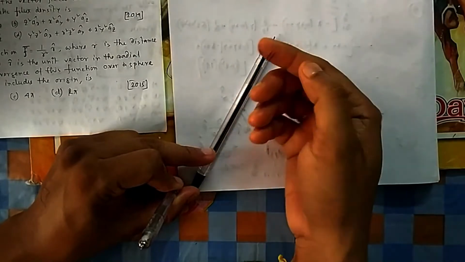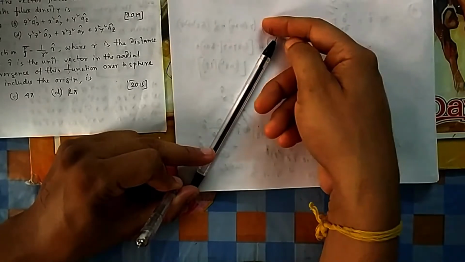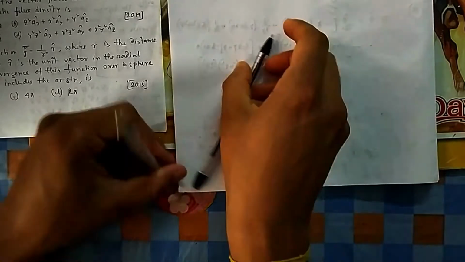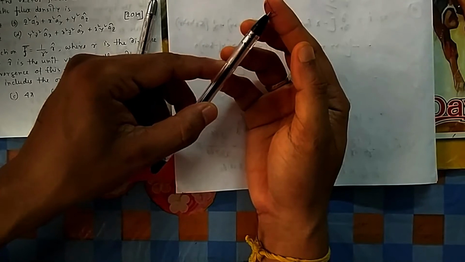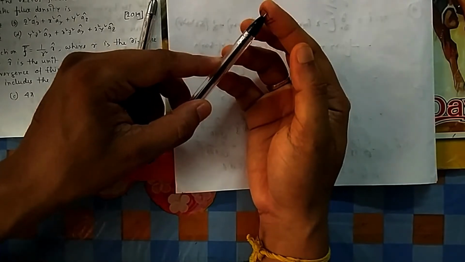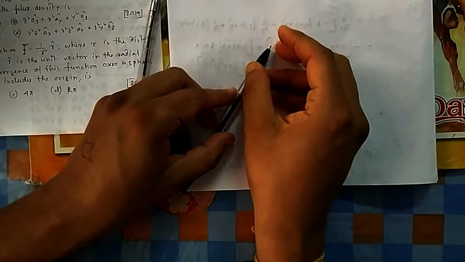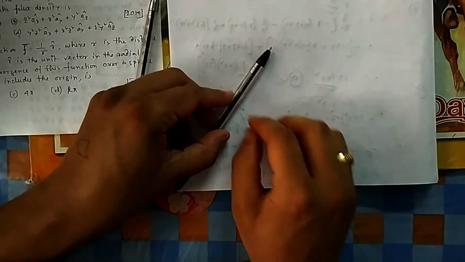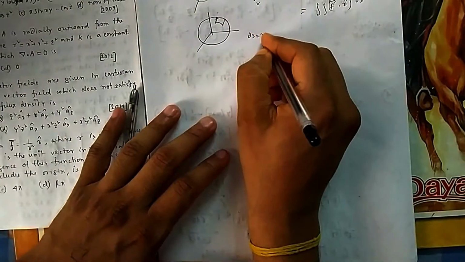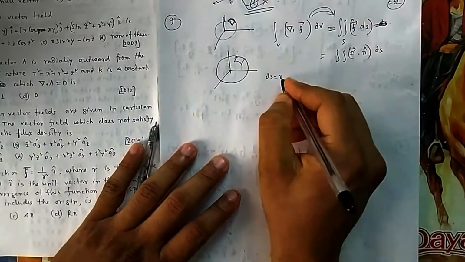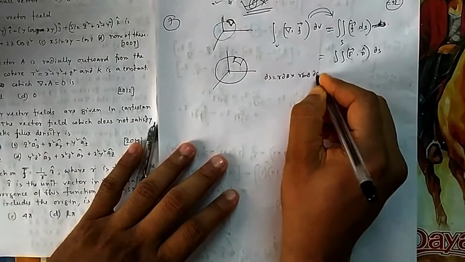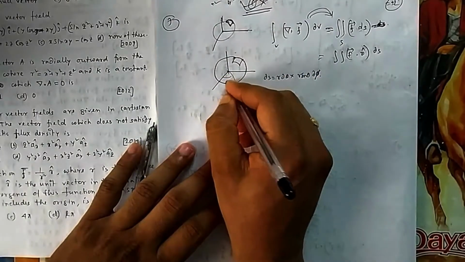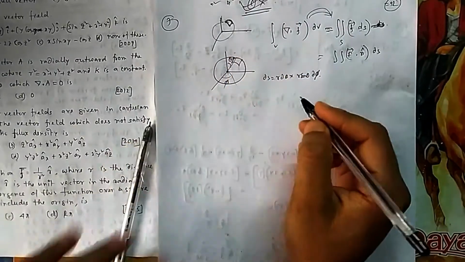One is this length, r dθ, because θ is changing, and the other is r sin θ dφ, the angle is changing, dφ. So ultimately your dS will be equal to r dθ multiplied by r sin θ dφ. This is the angle phi, this is angle theta, you have to be careful.